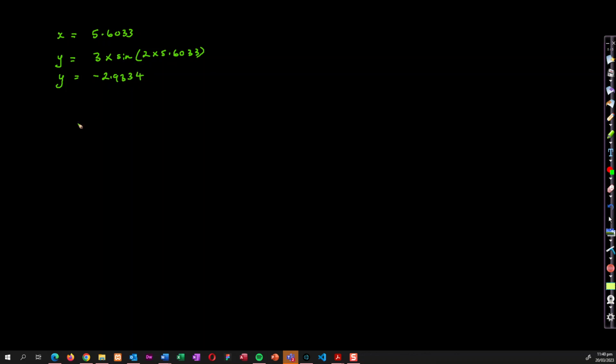Then we substitute that into function h: the y value is equal to k plus 2 times the cosine of that x value.